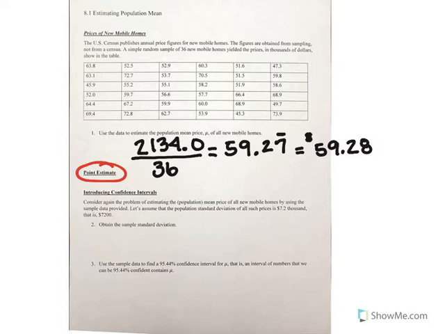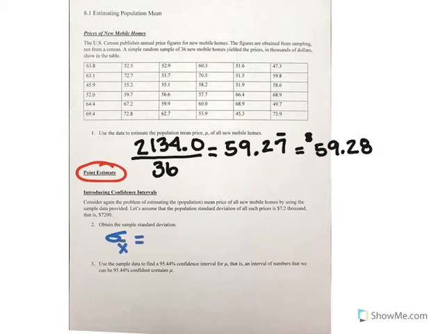They want you to obtain the sample standard deviation. There is a whole different formula for finding it, and we know that is our baby sigma.